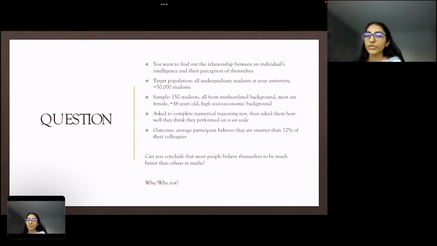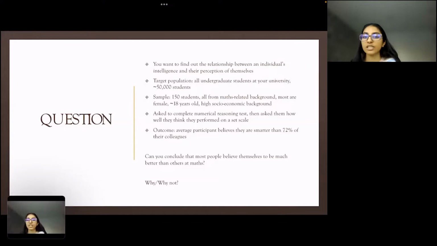They're asked to complete a numerical reasoning test, and you then ask them how well they think they performed on a scale. The outcome of that is that the average participant believes that they are smarter than 72% of their colleagues.